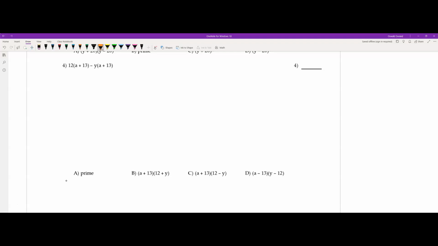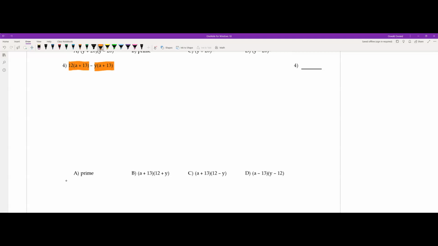For example, this whole product is one term, and this is another term. A term is when you have the product of two items, and we do have that because here we have 12 times something, so that's a term. So y times a plus 13, that's a whole term.